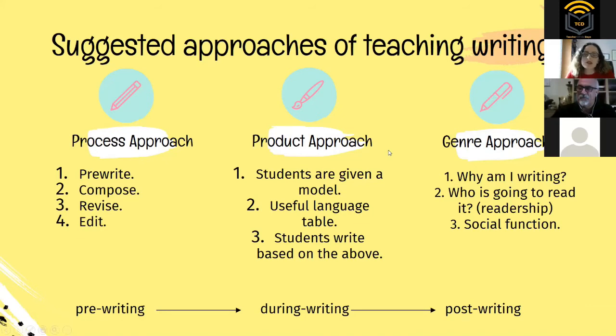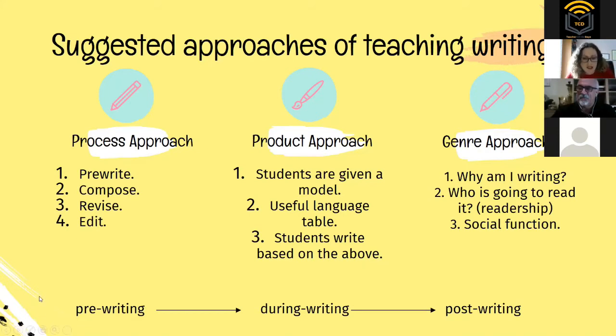And the last one is the genre approach, which focuses on the purpose, why am I writing, on the audience, who is going to read what I have just written, under what circumstances someone is going to read it, and of course the social function that each piece of writing serves.